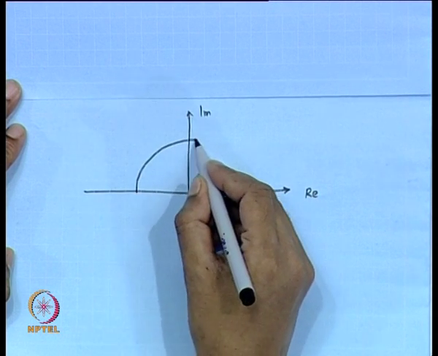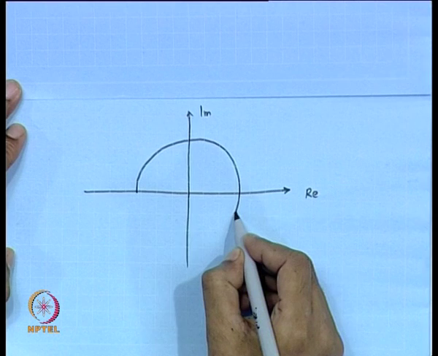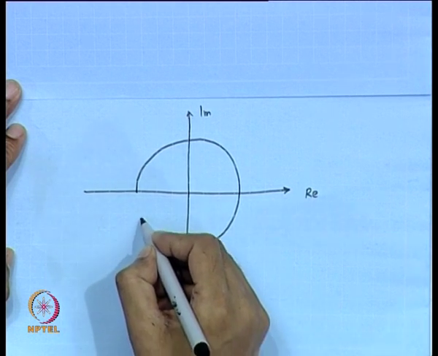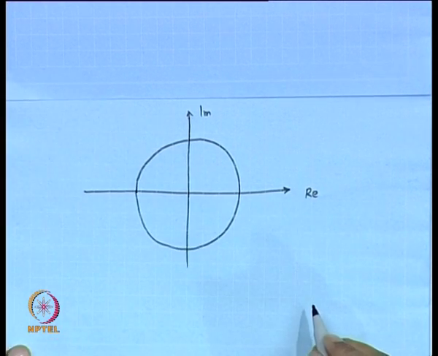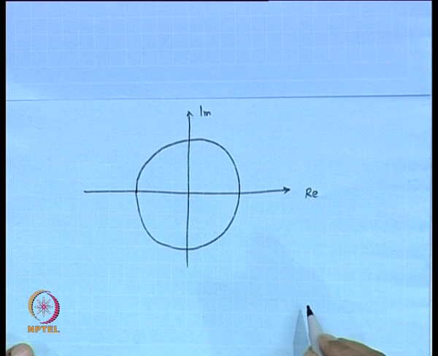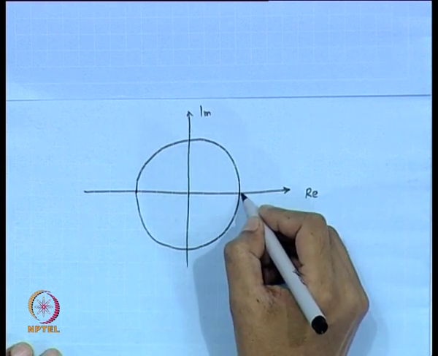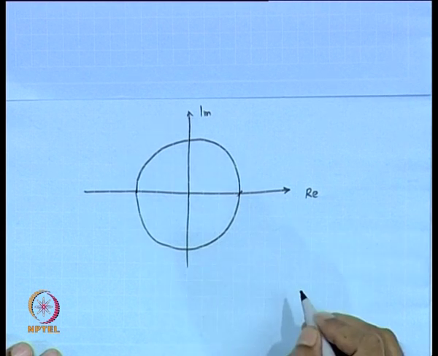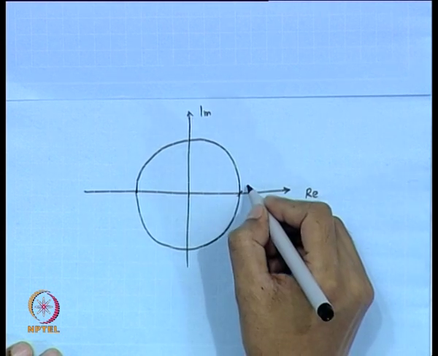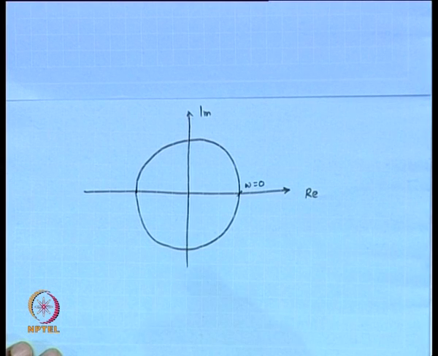Now, we will locate the starting point in the complex plane. This is the unit circle. When amplitude ratio is equal to 1 and phi is equal to 0, we get this point. So, when omega is equal to 0, the polar plot should start from this point.